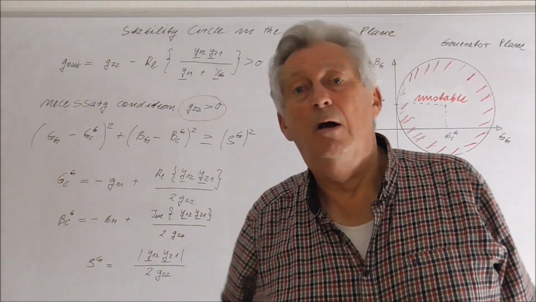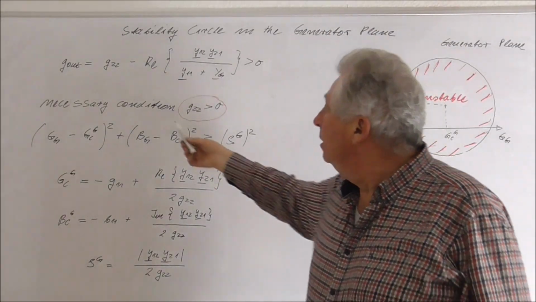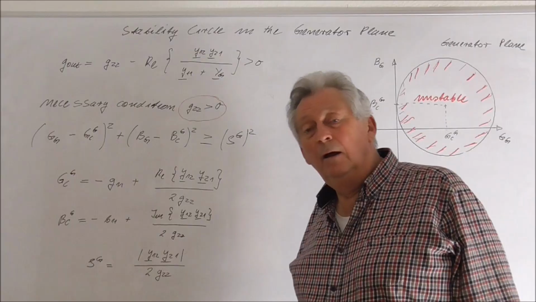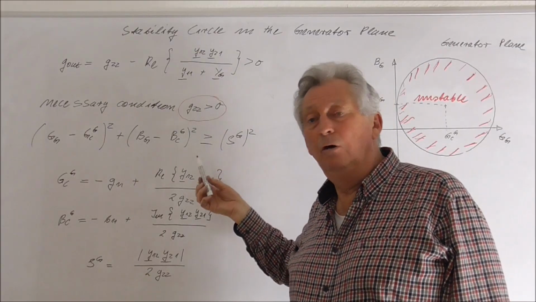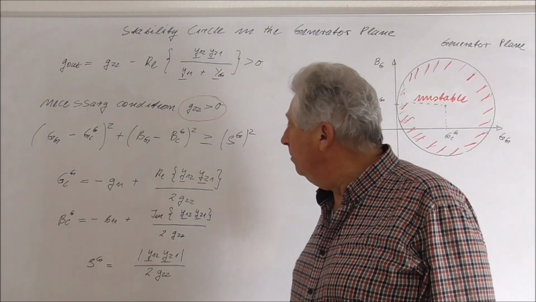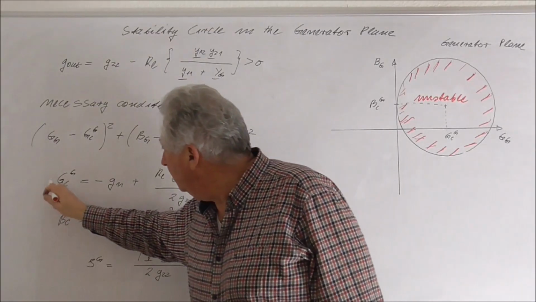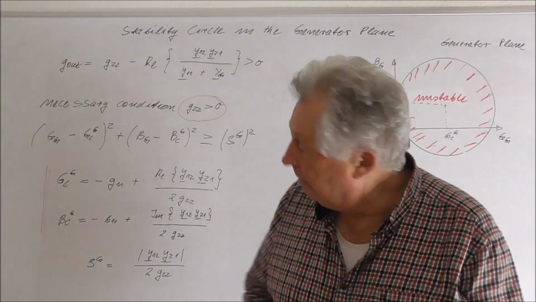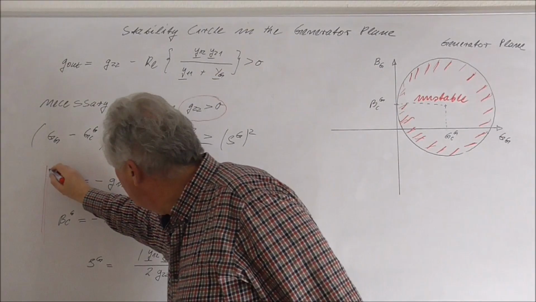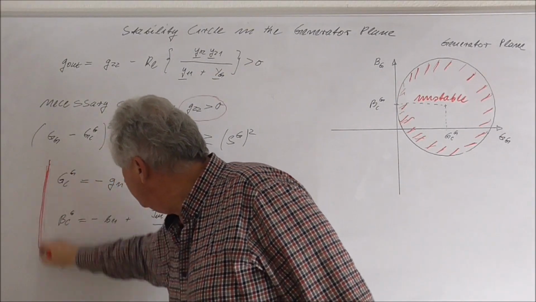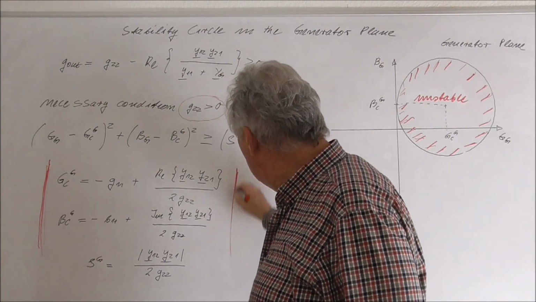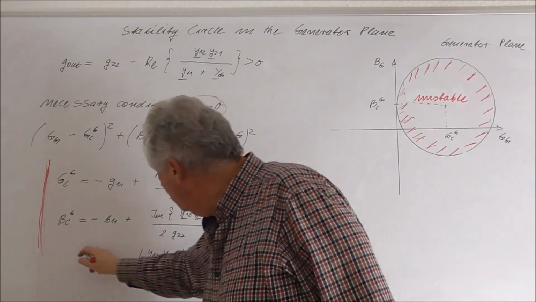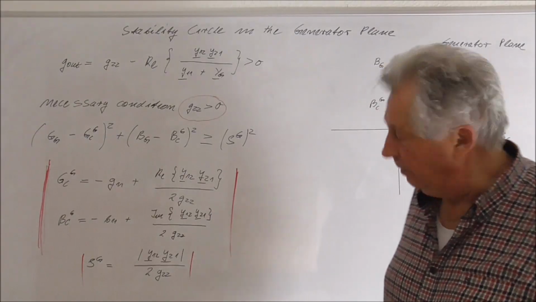And if you apply all the mathematics again, then we end up again with an equation for a circle in the generator plane. And I defined here the center, the values of the center of the circle and the value of the radius of the circle.